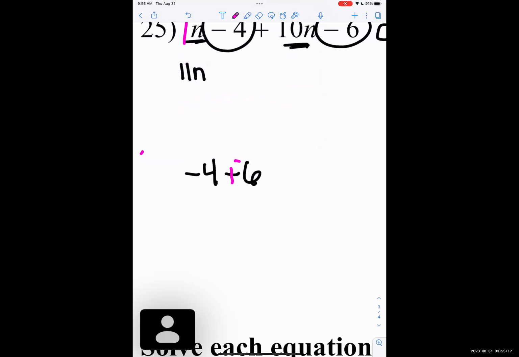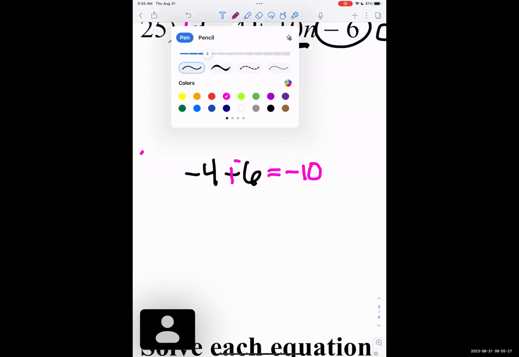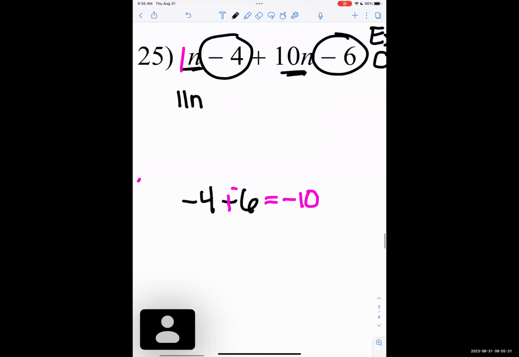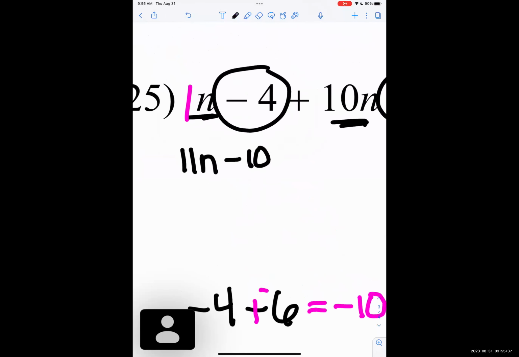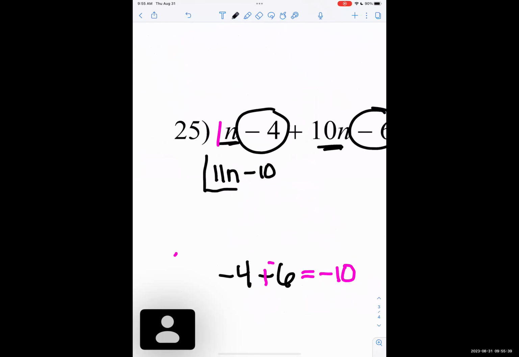So if I have 4 negatives and 6 negatives, altogether I have 10 negatives. So 11n minus 10. This is an expression. It is done. I do not put an equal sign in the middle and divide.